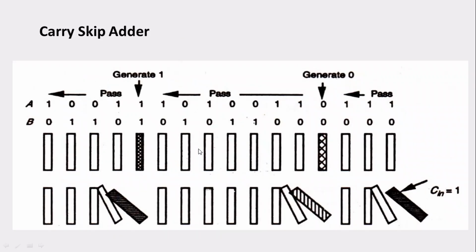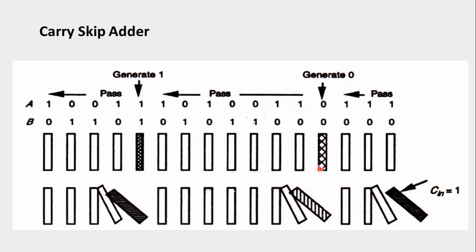Let us look into the actual carry skip adder concept. Before moving on, let us consider an example. A has a stream of data, and B also has a stream of data.